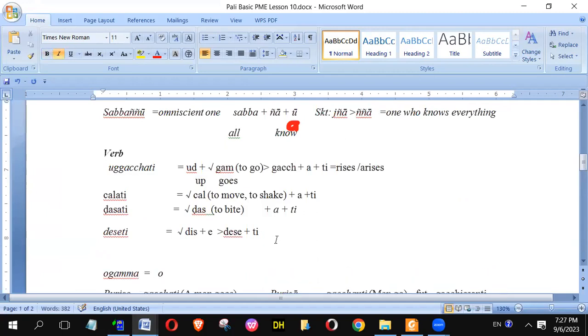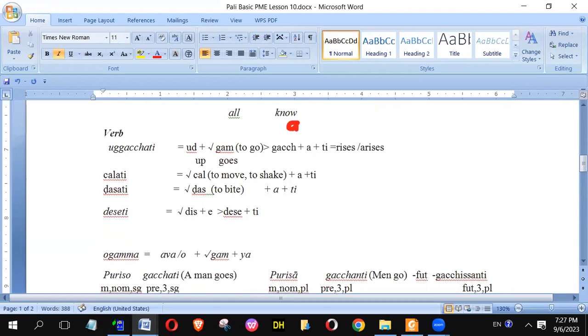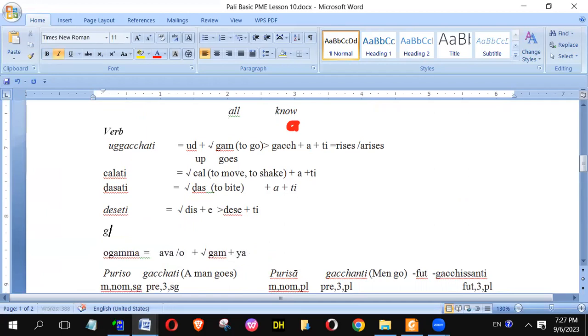So O means actually another one is O, awa, right? So you sometimes hear the awa or here O, same meaning, plus the gum, plus the ya, right? Remember for the gerund, we have two suffix. One is itua, right? Another one is this ya.